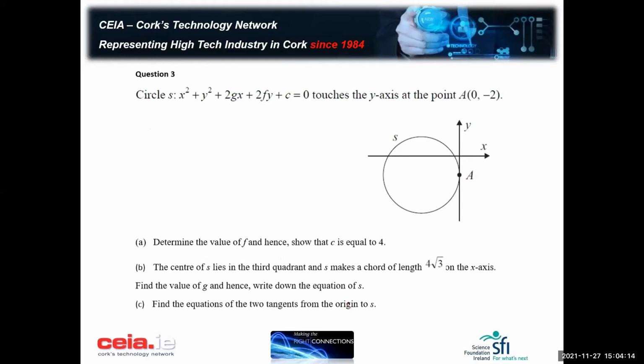So question 3 is on circle geometry. The circle is a very big thing in the Leaving Cert course. There's only so many questions that they ask. Well, sorry, I don't mean to simplify things. There are a lot of questions that they can ask about them, but I don't think they're the toughest question in the exam. Put it that way.